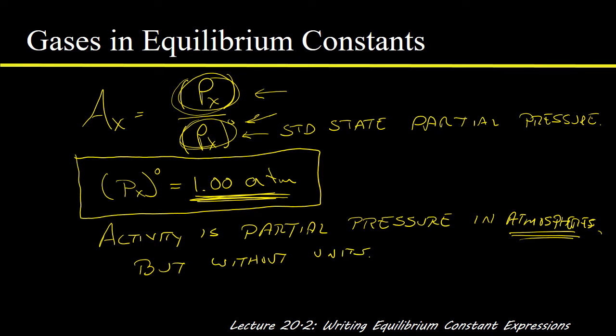But when you plug it into that equilibrium constant expression, you don't include the units, so the calculated equilibrium constant ends up being unitless, just as it will be for all of them. All equilibrium constants are unitless.